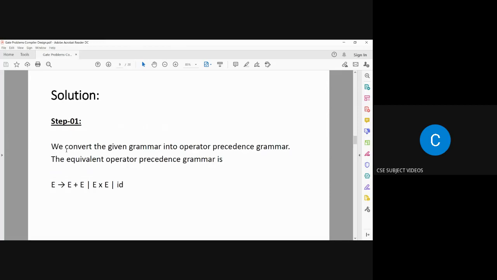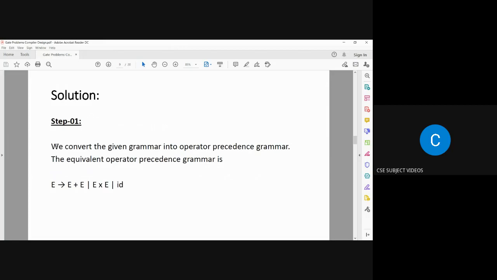What is operator precedence? Operator precedence means we have to compare the operators involved in a particular input string. Among these, which operator has the highest priority? So we have to eliminate the highest priority operator.